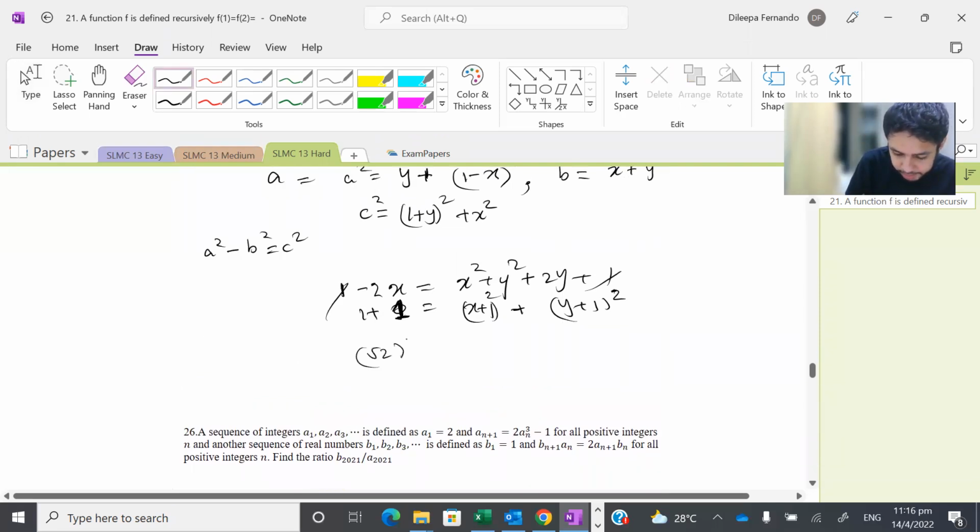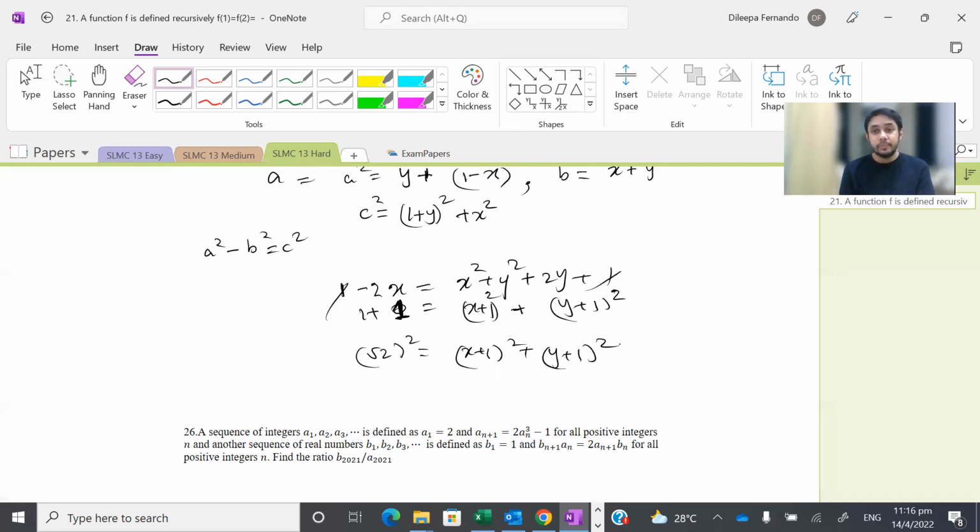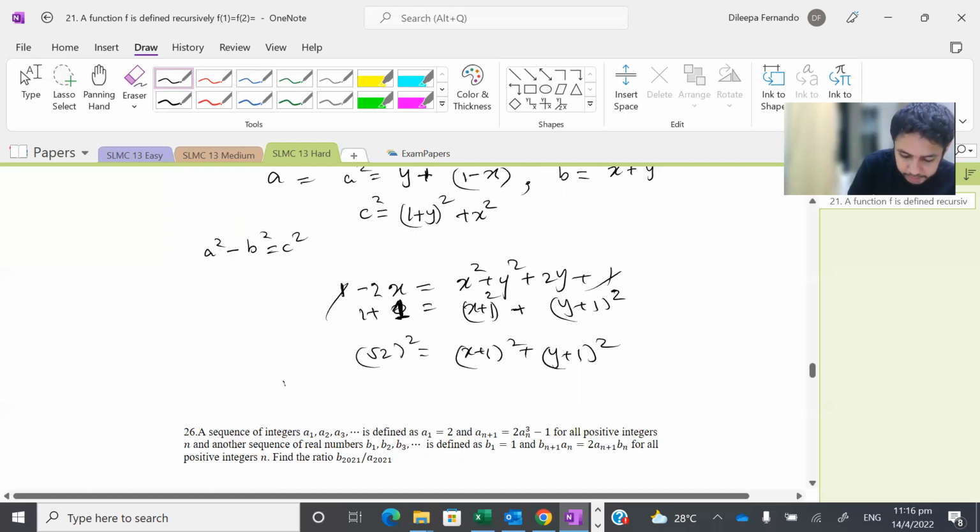Root 2 squared equals (x plus 1) squared plus (y plus 1) squared. So this is a circle. So this is an interesting result. This means point P lies on a circle of radius √2 and center (-1, -1).